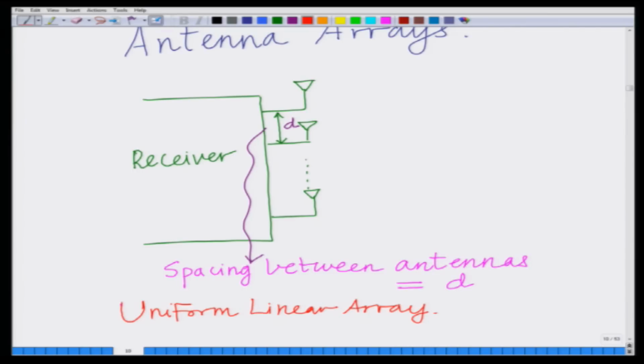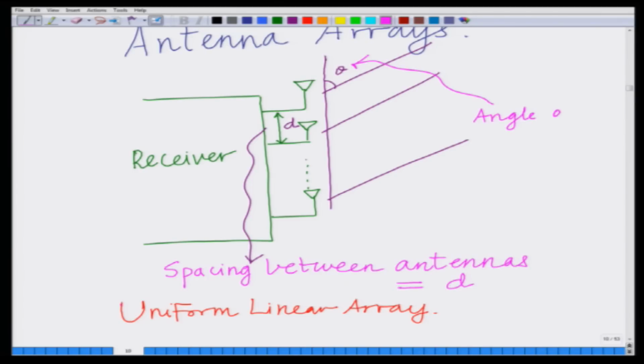In this uniform linear array, let us consider a signal which is arriving at an angle theta with the vertical. This angle theta is known as the angle of arrival of the signal.